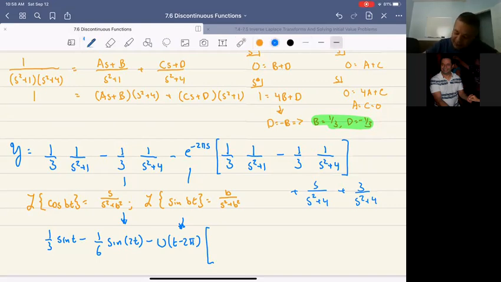So I'm just going to have 1/3 sine of t minus, same trick here, 1/6 sine of 2t. Okay, so that's this term going here, this term going here. Let's not forget these end terms.